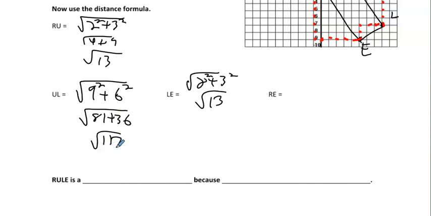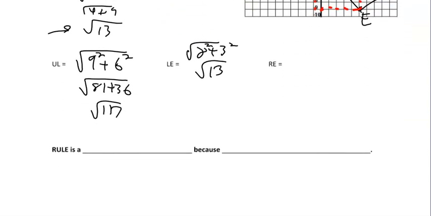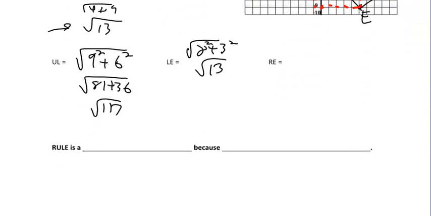Notice, if I would have used the reduced numbers, I would have gotten root 13 on all 4, saying that this is a rhombus or a square. Does that look like a rhombus or a square? No. So you've got to think about whether or not your answer makes sense. So over here, I'm going to use the big numbers again, skip the middle, and just say 117.